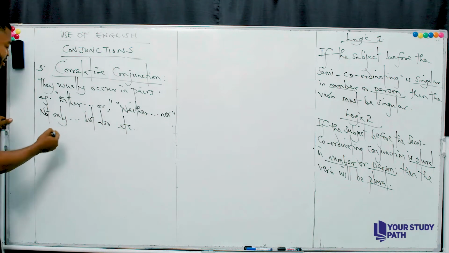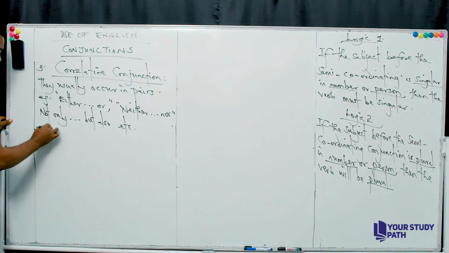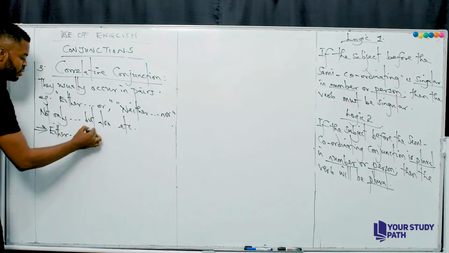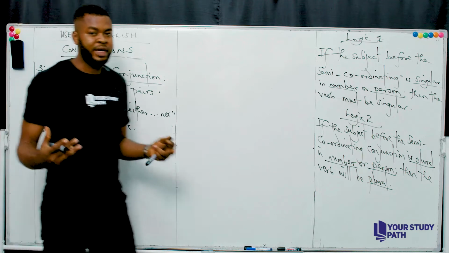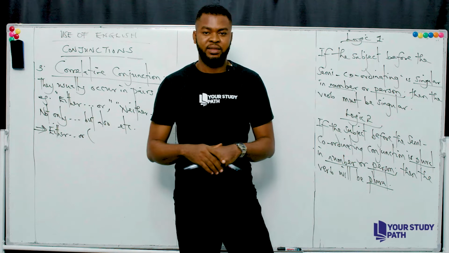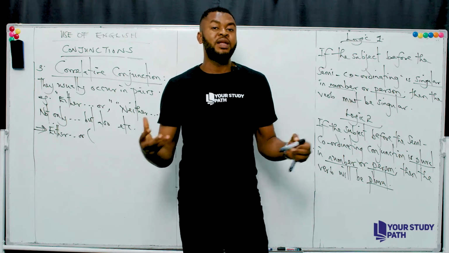Now let's look at the basic explanation to this. What does either or mean? Either or means that out of two entities or out of two things, one is considered, one is picked, one is recognized.